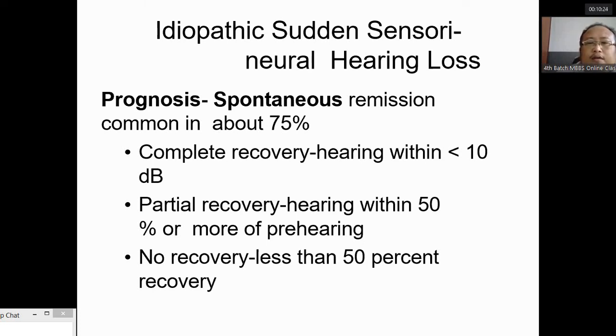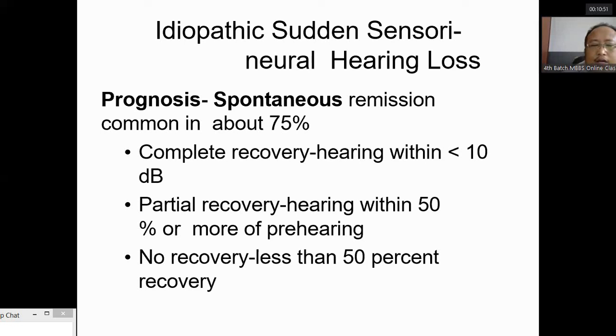But if the patient has mild hearing loss, is young, and does not have other medical conditions, they might have a good chance of recovery. But comorbid conditions, old age, and complete hearing loss during the presentation are not favorable for the recovery.